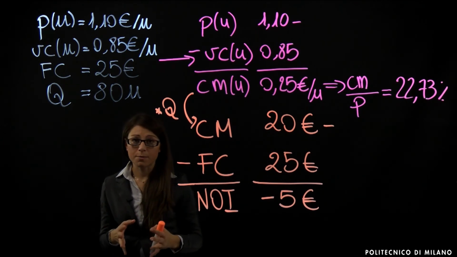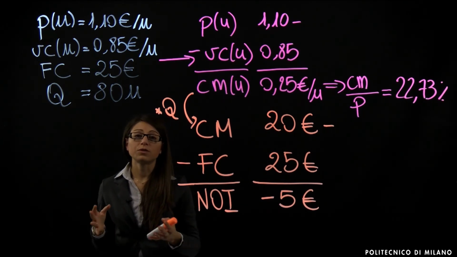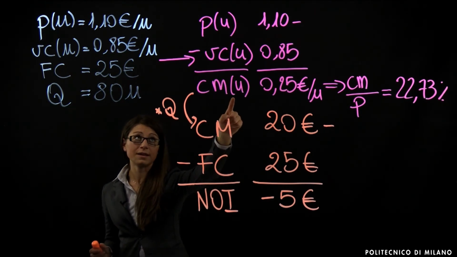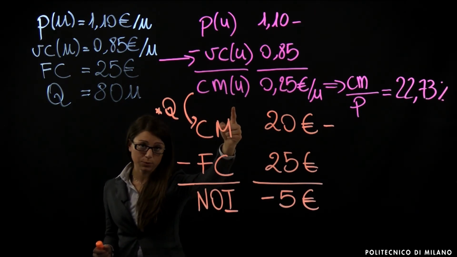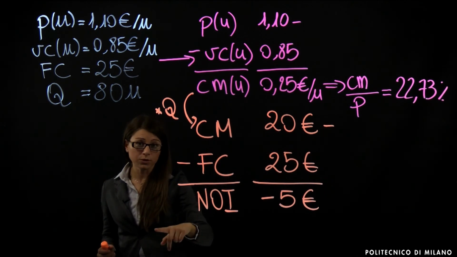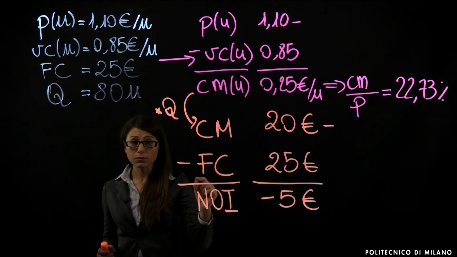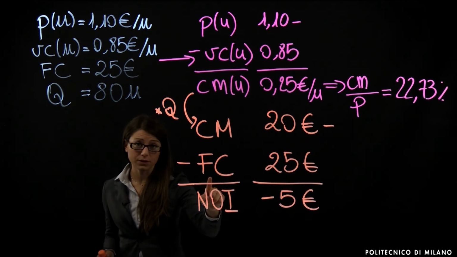To sum up, if we need to evaluate the profitability of a product, we need to calculate the unitary contribution margin to understand if one unit is able to cover the variable costs. Then, if we have the quantity, we can calculate the impact on the profit, which is the ability of the production to cover also the fixed costs.